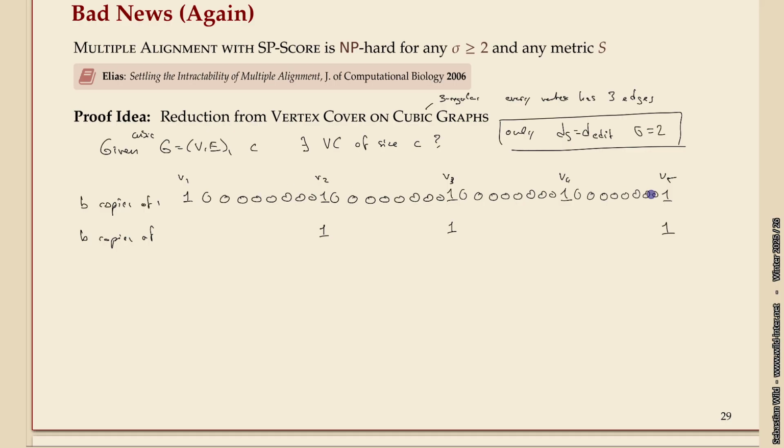The copies of the first string will all be aligned with each other. Anything else just drives up the cost by so much. If you make B big enough, it'll be above the threshold. Same for these. All of these B copies have to be aligned to the same vertices. Anything else, the cost already blows up too much. So these select columns of vertices.